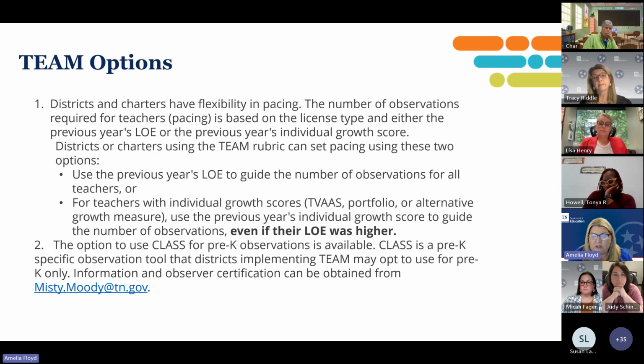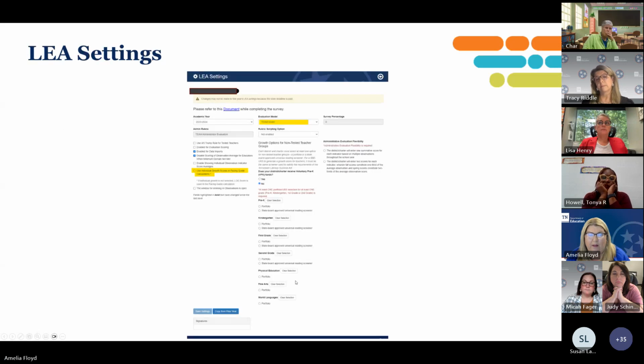There is another option to use the CLASS rubric. CLASS is a rubric that is available for pre-K specific observations. You may choose to implement that. Remember, if you do implement that, observers have to be certified. Misty Moody at tn.gov can help you with information on using the CLASS rubric and the certification if you have questions.